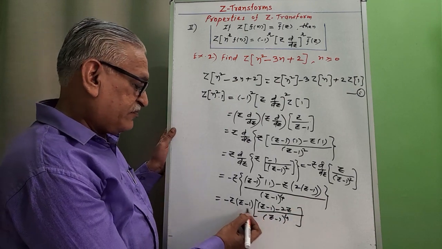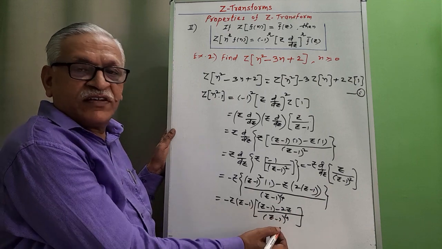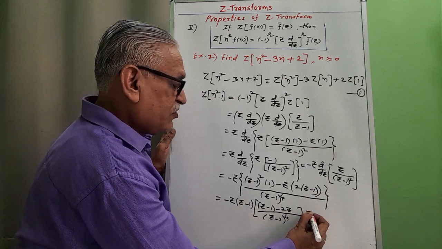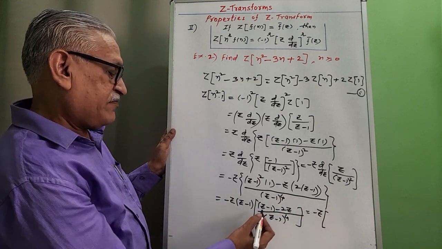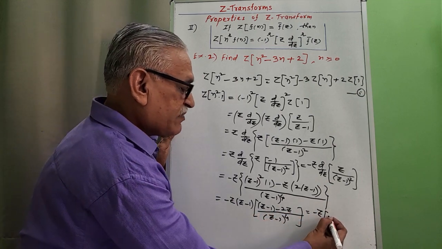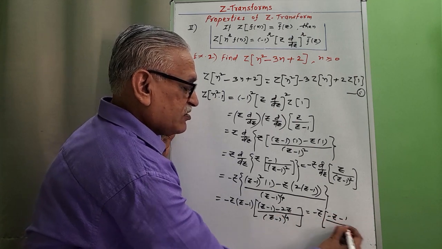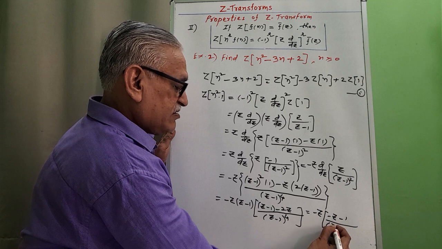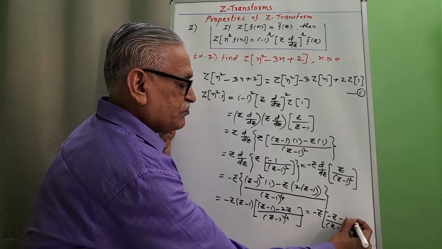Simplifying it, z minus 1 cancels with one z minus 1, therefore minus z multiplied by z minus 2z, we get minus z and minus 1, whole divided by z minus 1 cube.